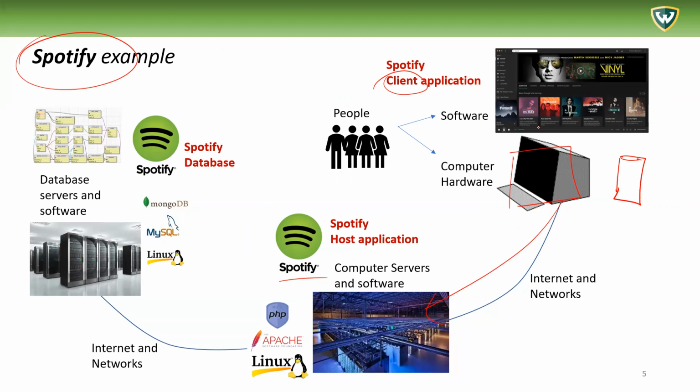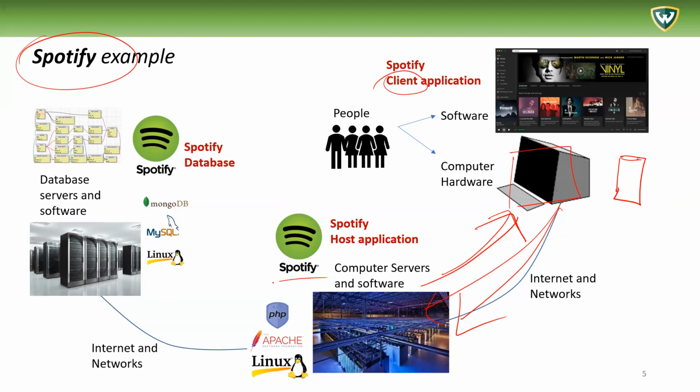You may have a piece of the application on your computer, but it has to connect to the server, because what's usually happening is you are streaming the data in real time. So you ask for the song to play, and then it replies and plays the song. Now you can download Spotify songs onto your computer, but the main idea is that you stream the music over the internet.